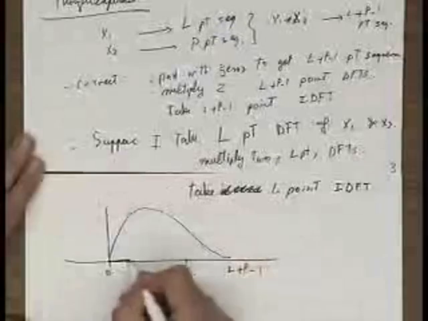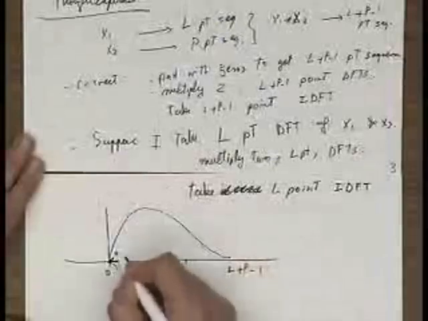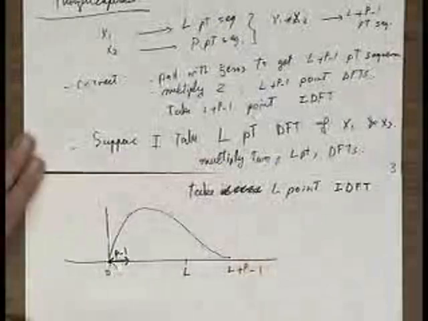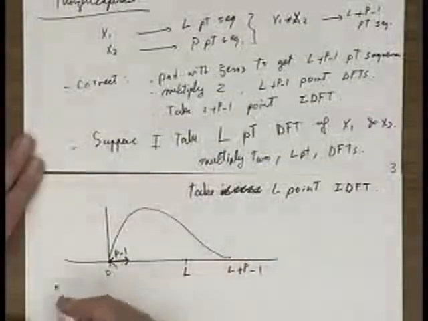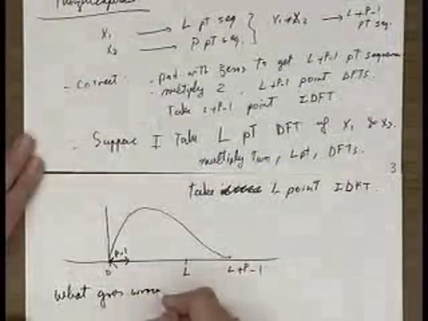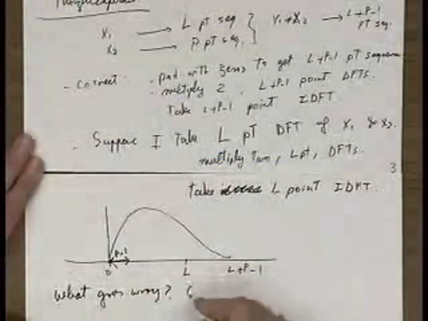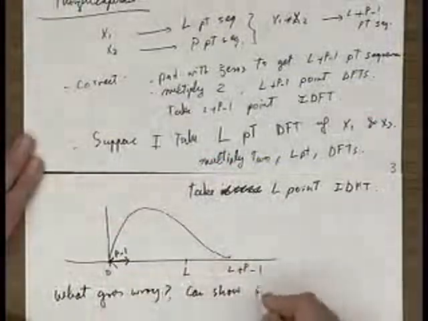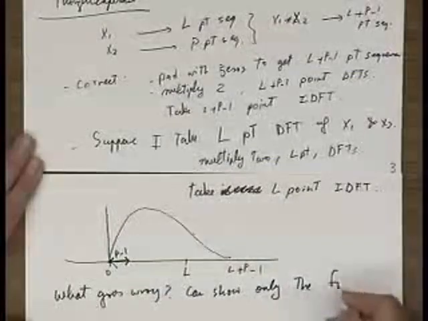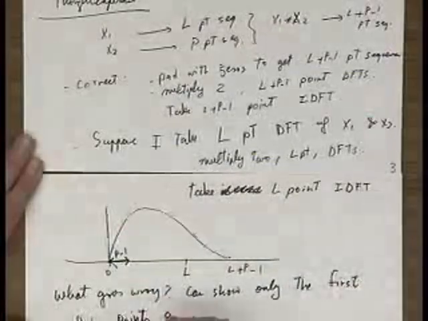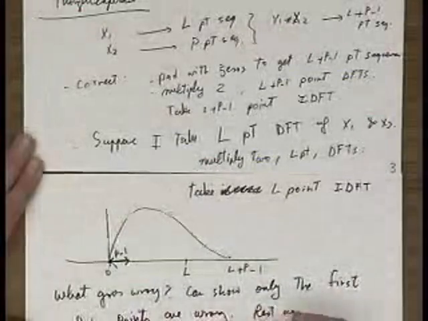The answer is that the first P minus 1 points are wrong. We can show that only the first P minus 1 points are wrong. The rest of them are correct.